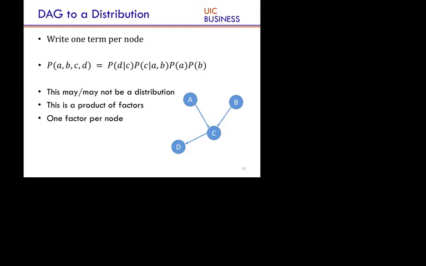It's not clear that you can multiply them this way, for every configuration of A, B, C, D, and get a valid joint distribution, because we went from a graph to a probability distribution. But we'll get to whether this is a valid distribution or not a bit later.